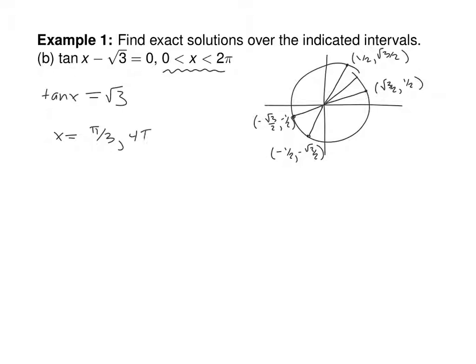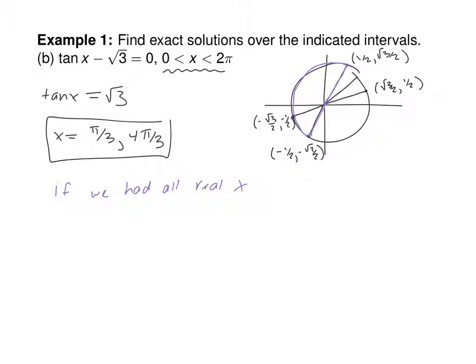Look at that, they're 180 degrees apart. I'm pretty sure that's always going to happen with tangent. So if we had all real x as opposed to just that interval, to get from this point to this point, you add pi. Does that make sense?